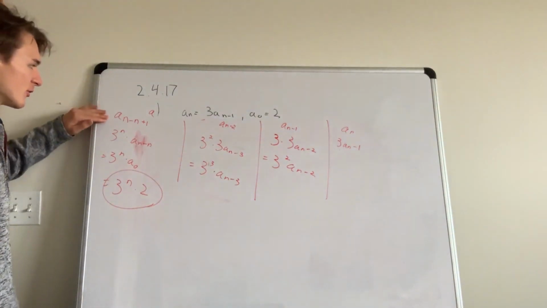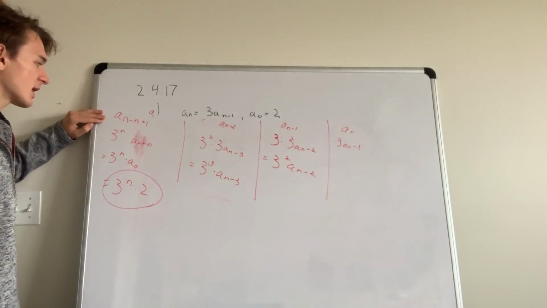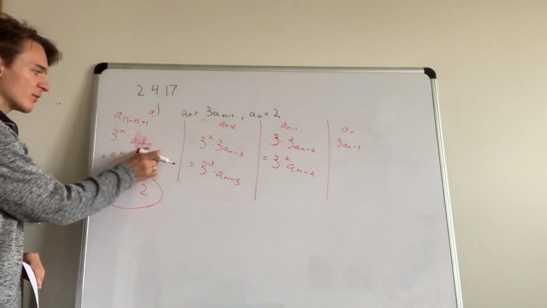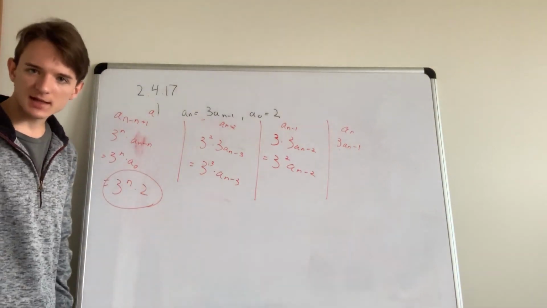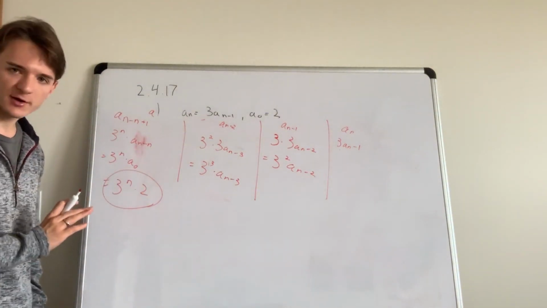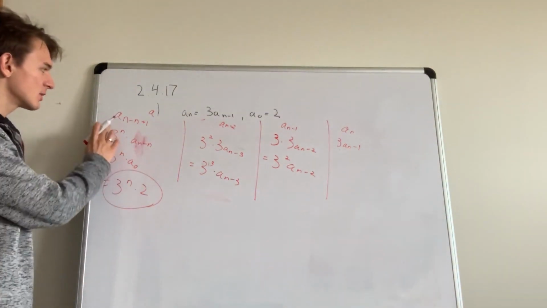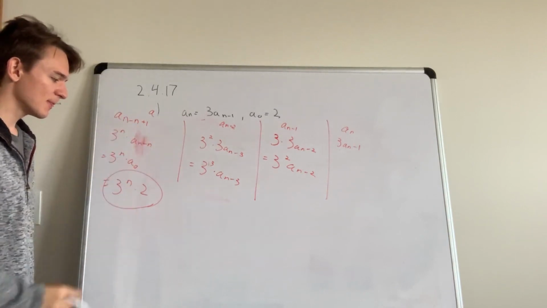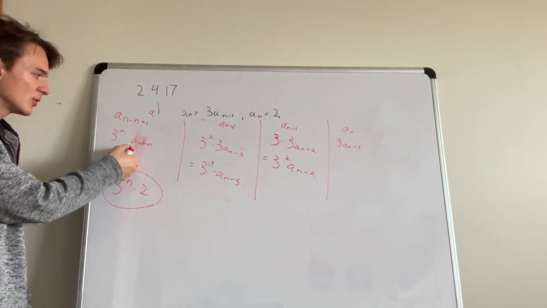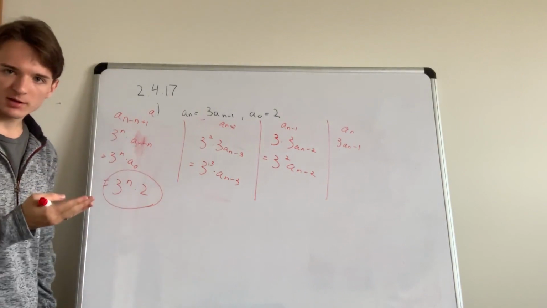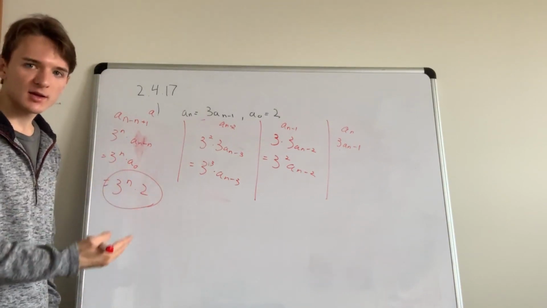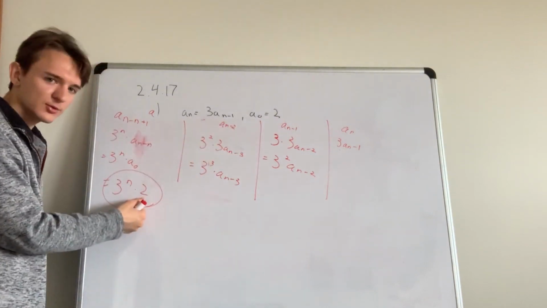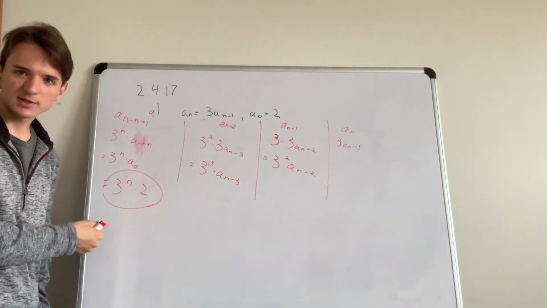If we had gone too far, to a of n minus n, then this would have become a of n minus 1, which is a negative index, which is why we could not go that far. The furthest we could go was a of n minus 1 plus 1. And that allowed us to get a of n minus n somewhere in the formula, replace that with a of 0, and replace that again with what was given, 2, to get our final solution.